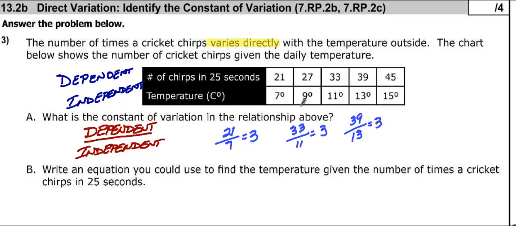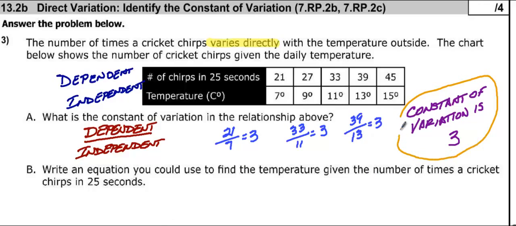So in this case, the constant of variation is 3. So that's the answer to the first part of this, constant of variation 3.